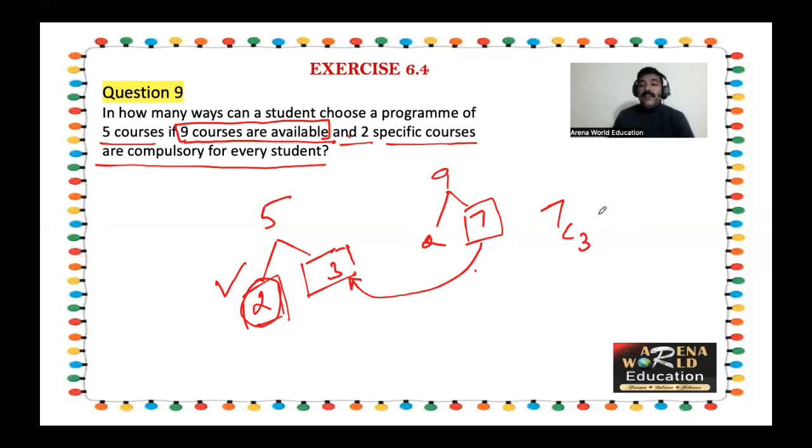So mainly we are finding 7C3. So 7C3 will be what? 7 into 6 into 5, and this will be what? 3 into 2 into 1. So what is the final answer? It will be 35. Yes, 35 is the correct answer. So question number 9, you will get, what is the final answer? It is 35, right?